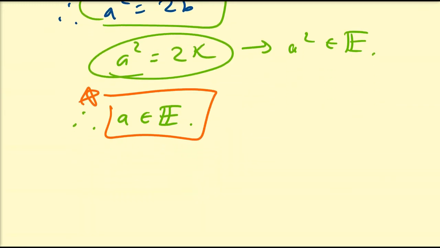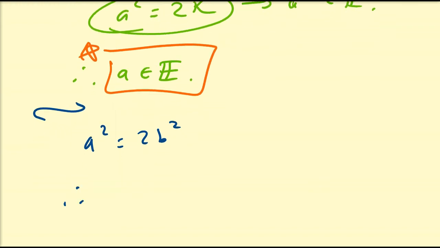Another thing: since we have that a squared is equal to 2b squared, we can also write that b squared is equal to a squared over 2. Remember, b squared is an integer because the set of integers is closed under multiplication, and b is an integer by assumption.